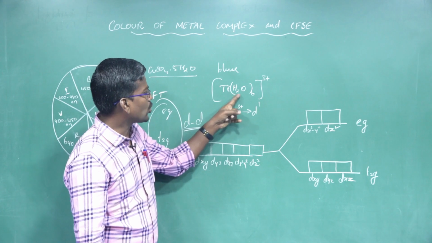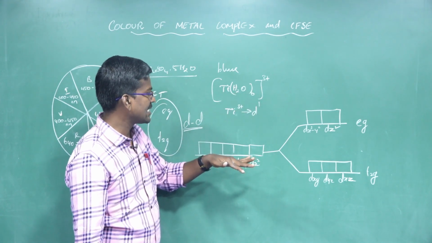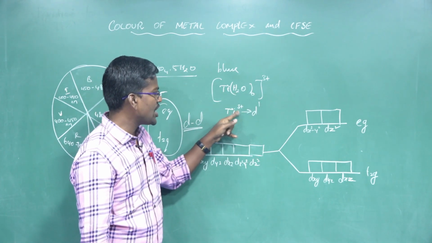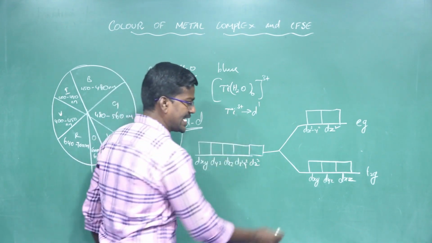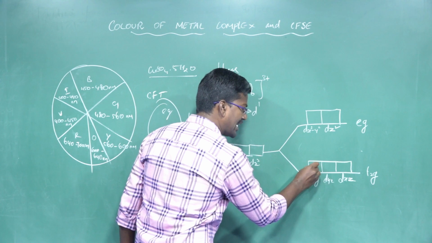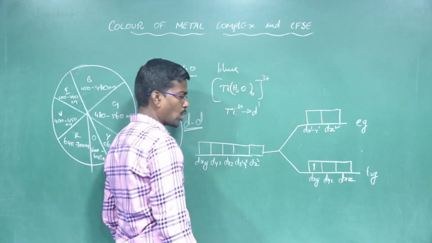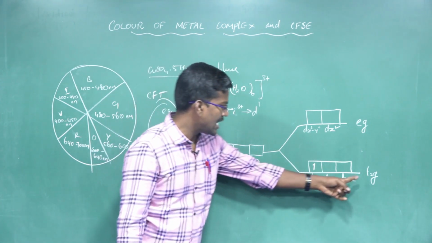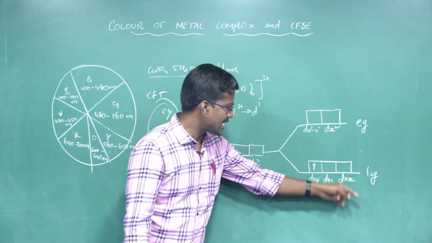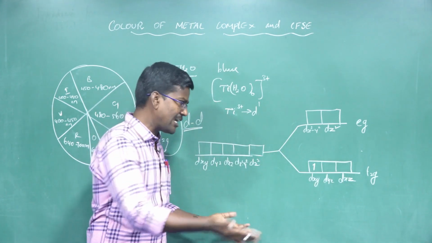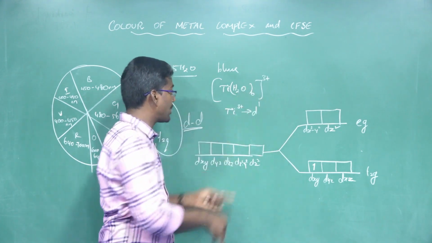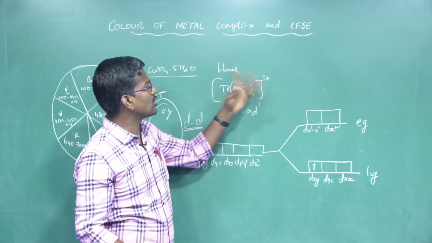In the titanium hexaaqua 3 plus complex, the titanium 3 plus ion has a d1 configuration, with only one unpaired electron in the lower energy t2g level, in the dxy orbital.